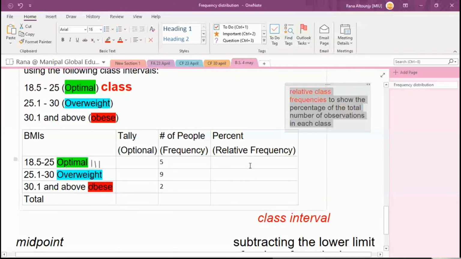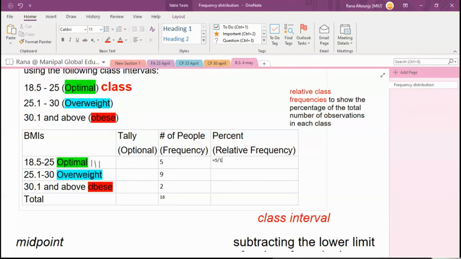To calculate the relative frequency, you need to divide the number here by the total. What is the total of those frequencies? It is 16, which is the total of the observations. So here you need to put 5 divided by 16.